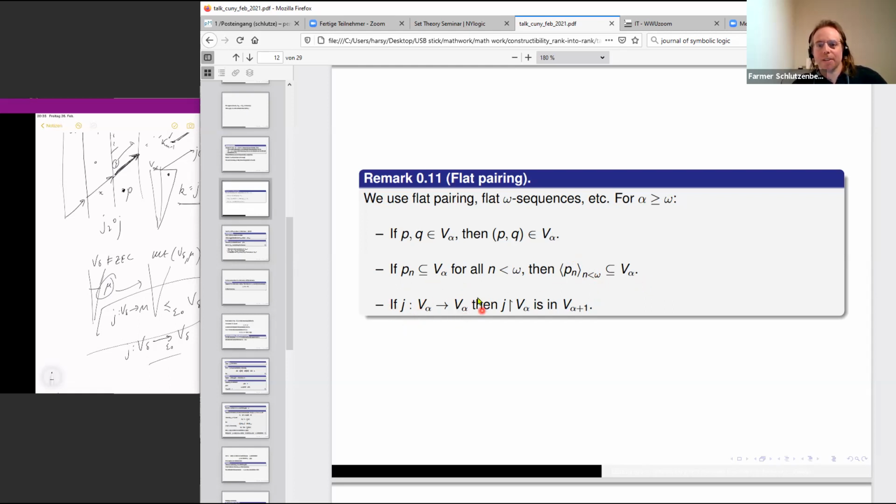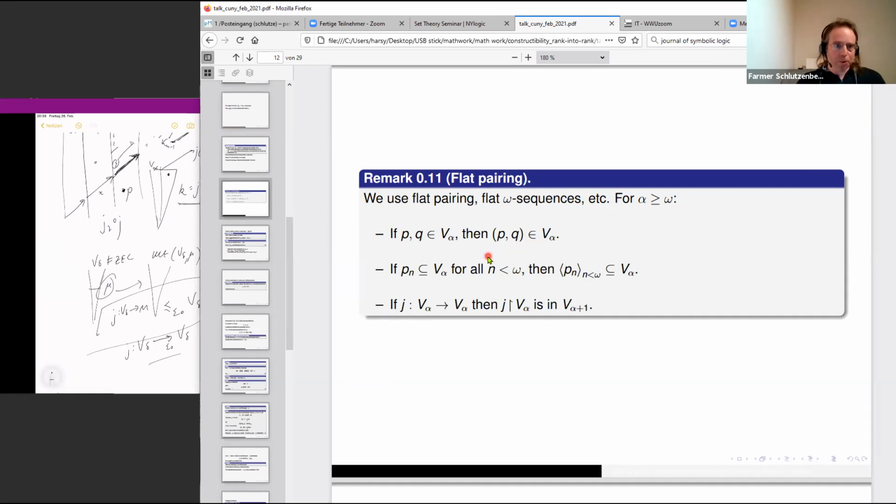In particular, if you've got an embedding from V alpha to V alpha, that's a set of ordered pairs X, Y in V alpha, then this is in V alpha plus 1. It's a set of pairs, which are all in V alpha, so the set of them is a subset of V alpha. So you get these things for flat pairing, and defining the flat pairing, and going from P and Q to the pair and going backwards from the pair to P and Q themselves is a simply definable translation.